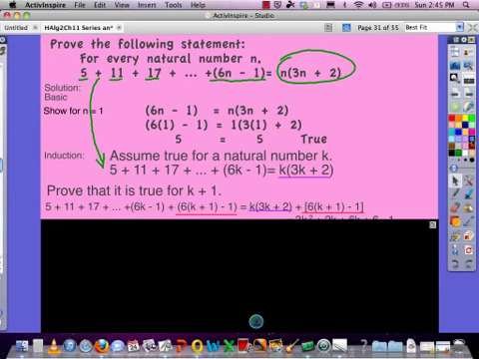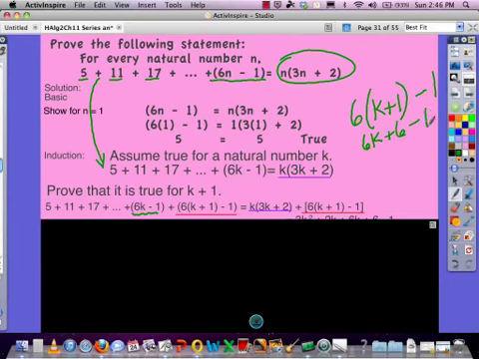If our last term in the original sequence was 6k minus 1, then we would have to put that k plus 1 in for just k, and then subtract. So we're doing a substitution, and if we multiply, 6 times k is 6k, 6 times 1 is 6, subtract 1.